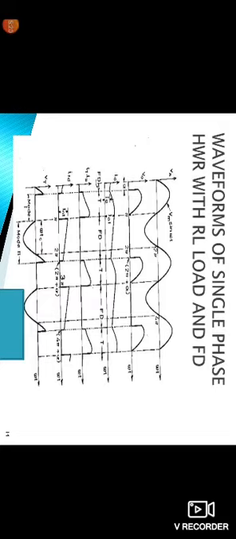This is the output voltage. The output voltage responds only when the firing angle is applied across the thyristor. Then the current first decreases, and after alpha it increases up to a certain point. The thyristor current follows the output voltage.